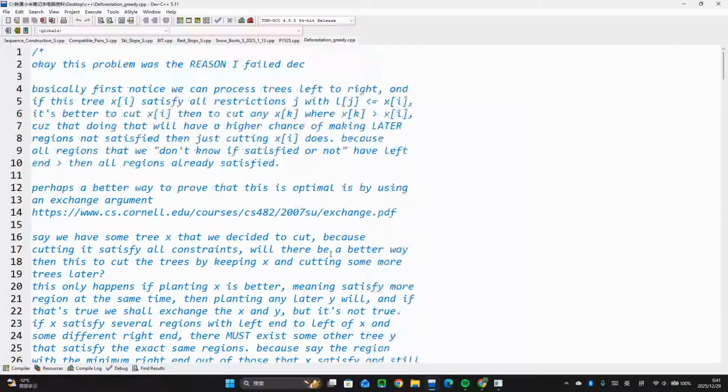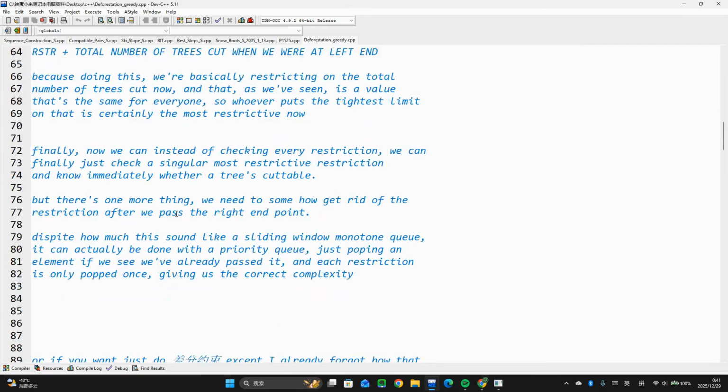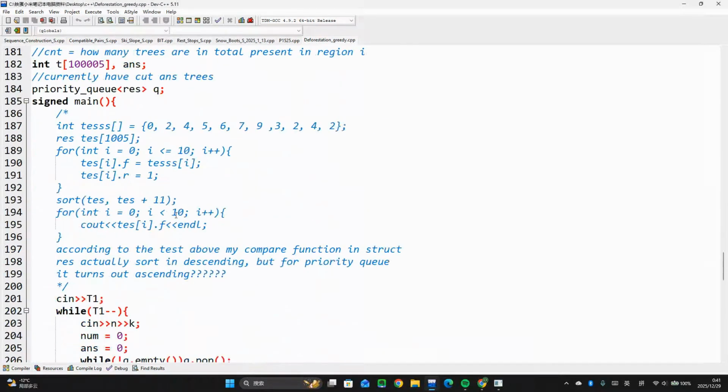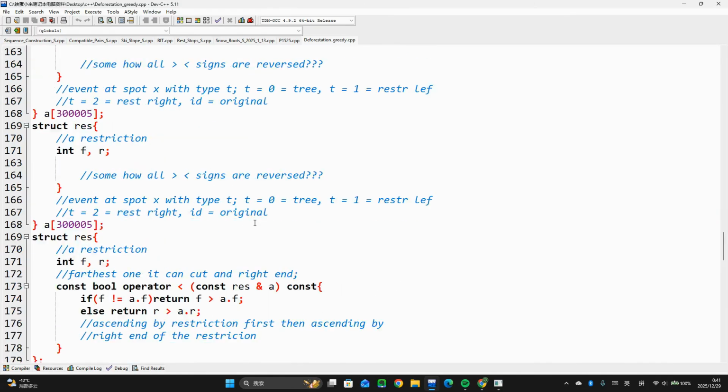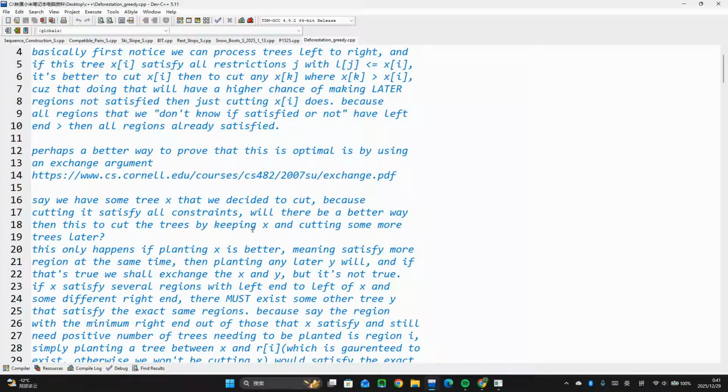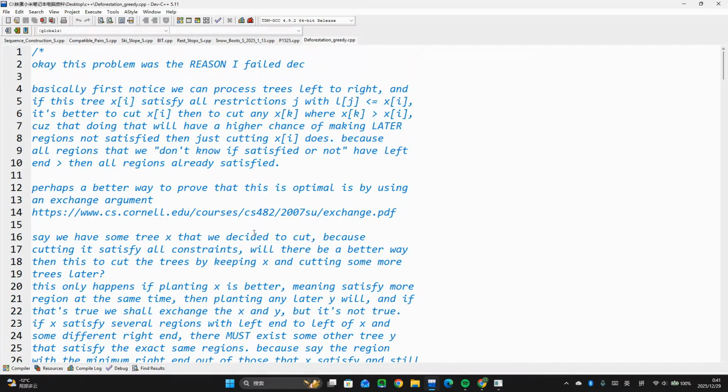So this is also, by the way, how the official editorial of USACO solved this. But in my opinion, this is arguably much more overly complicated than binary index tree. But they only did this because binary index tree is not in the curriculum of Silver. Essentially, we want to be able to restrict a single tree with just one constraint and not multiple regions, because otherwise we have to check multiple regions to see if this tree is cuttable, which is not optimal.